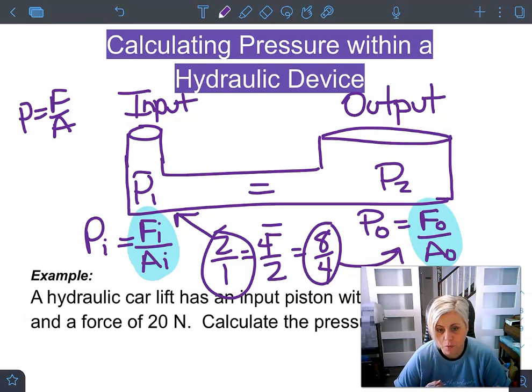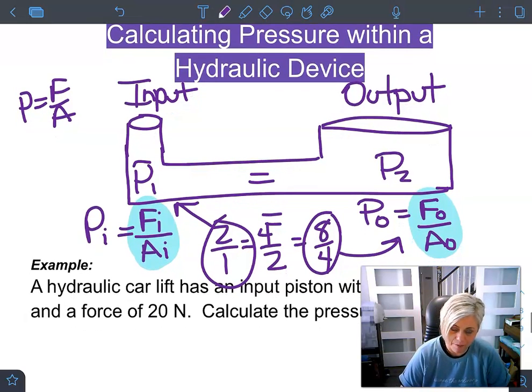You'll get 3 values and have to solve for the missing 4th. There's a few different ways you can do it. I'll try to show you what I think is maybe the easiest way, but we could set up a cross multiplication with 2 equivalent fractions together and then just cross multiply to find that 4th missing variable.